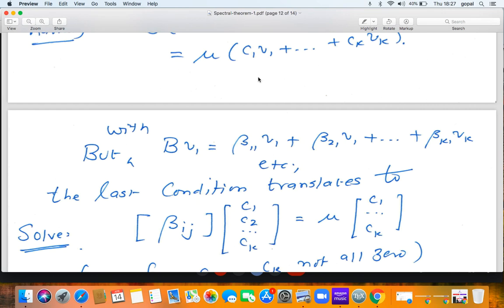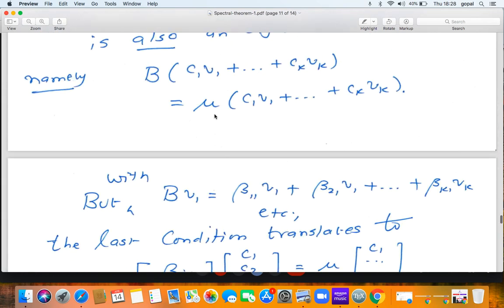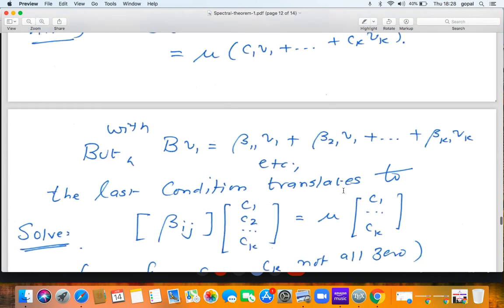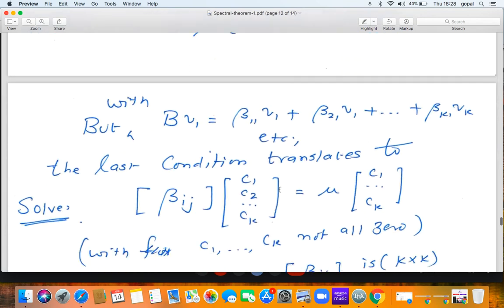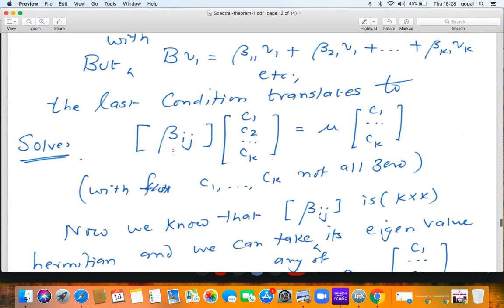Compare the coefficients of V1, V2, VK on both sides. When you put the values of BV1, BV2, BVK in terms of the betas, the whole thing translates to this equation: the square bracket beta ij times (C1, C2, Ck) equal to mu times (C1, C2, Ck).